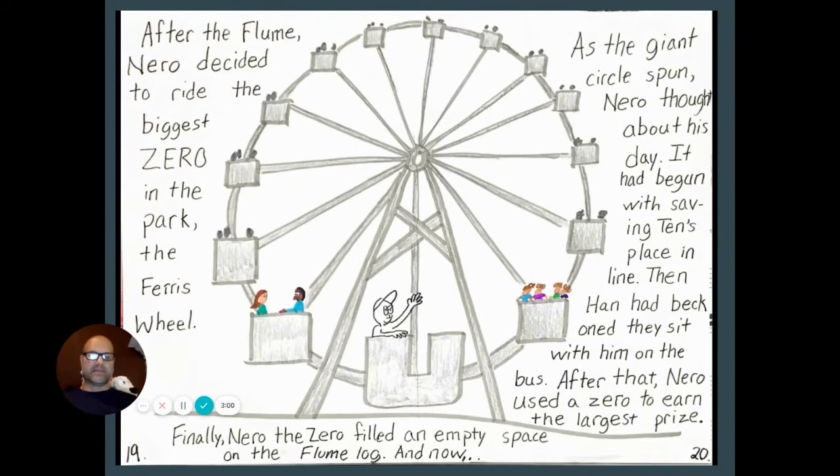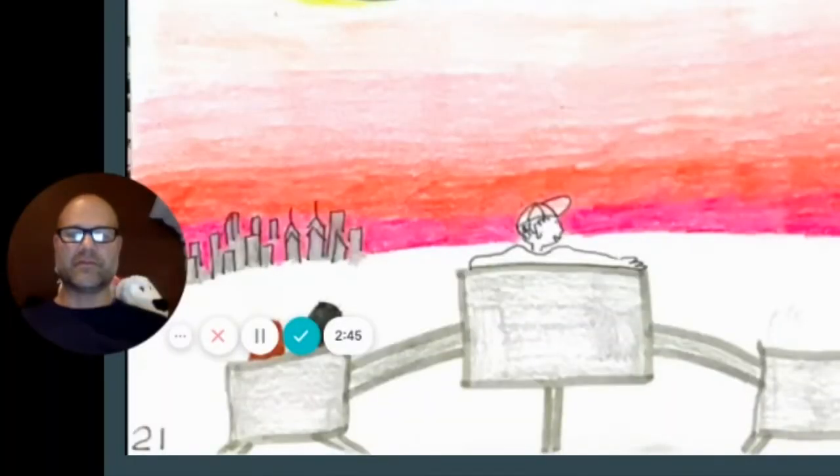After that, Nero used a 0 to earn the largest prize. Finally, Nero, the 0, filled an empty space on the flume log. And now, Nero knows 0s are important too.